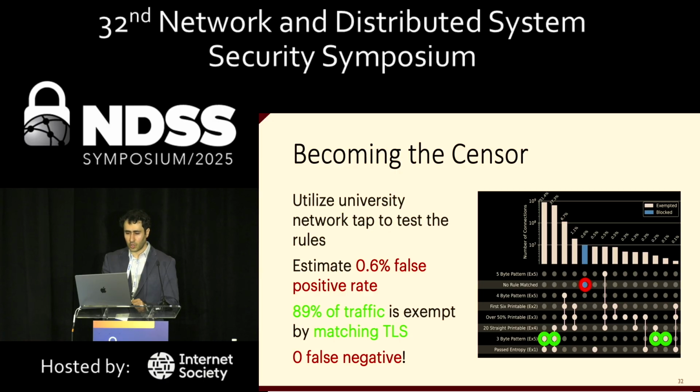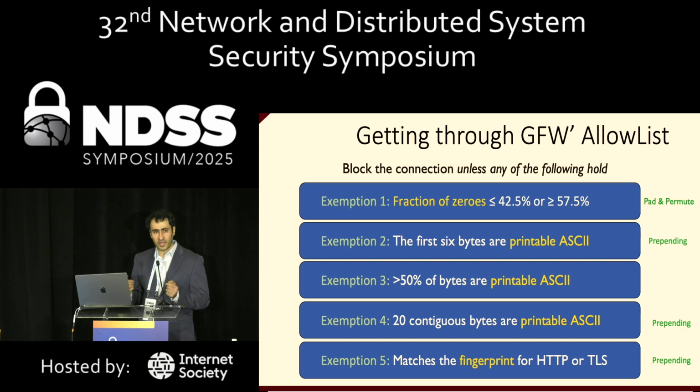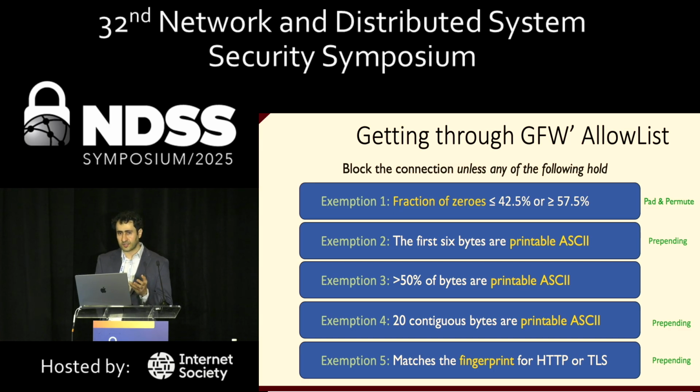Okay, so how do we circumvent this new blocking? It's probably straightforward at this point, right? We know the exemption rules that the sensors are using, and therefore we try to make our traffic match at least one of those exemption rules.